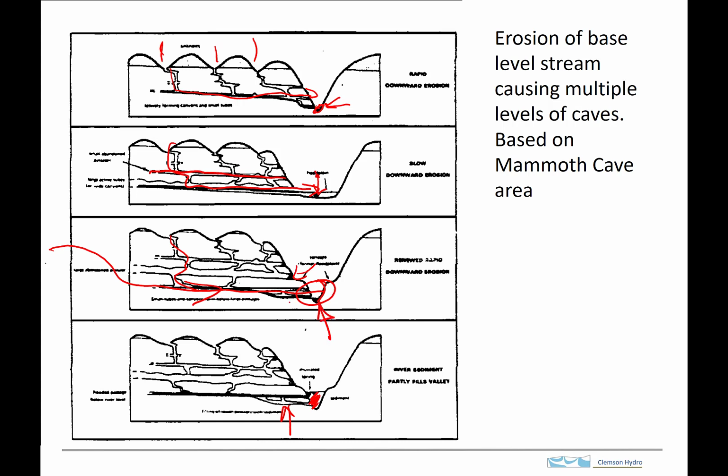So this part right here down at the lower extreme of the Mammoth Cave system was formed when the Green River was down a bit lower than it is today, and then it's been raised up by deposition of sediment. So that's thinking about how you have these multiple levels of conduits that are formed in the Mammoth Cave area.